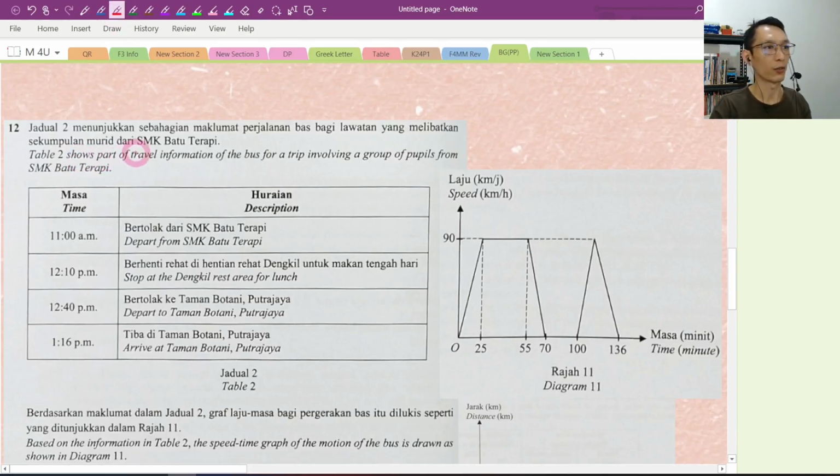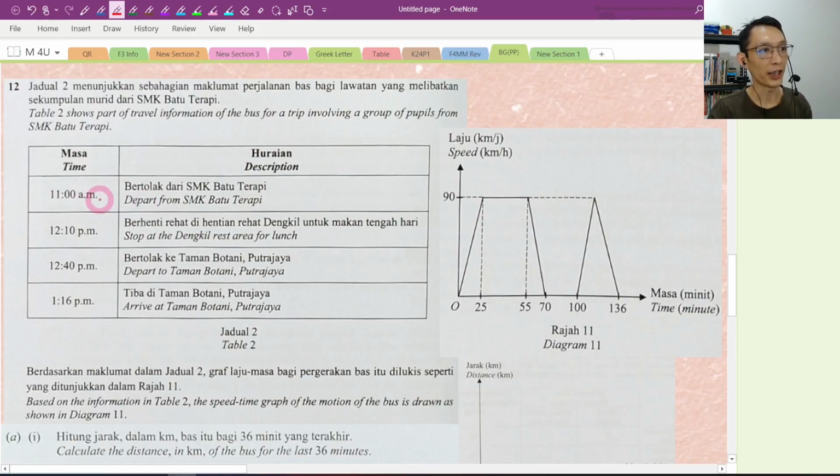Table to show part of travel information of the bus for trips involving a group of people from SMK Batu Terapi. So 11 a.m. depart from SMK Batu Terapi. So this is 12:10 p.m. Stop at Dengkil rest area for lunch. Stop, right? Stop means here. So stop for how many minutes? This is 30 minutes.